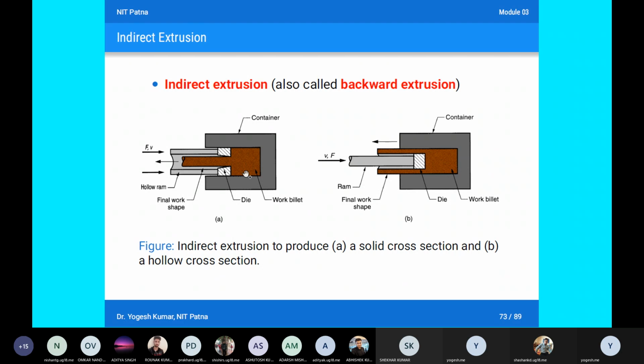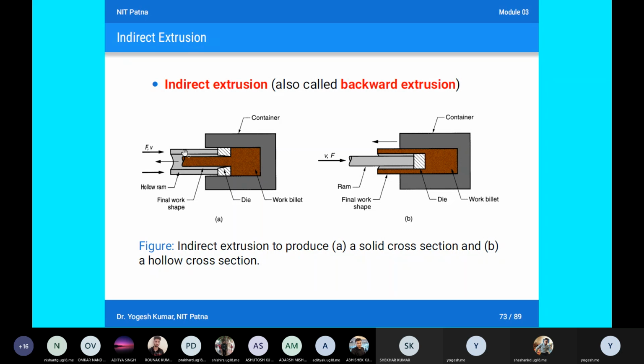Compressive stresses are generated in the work blade, and your material starts coming out of the die opening. Here you can see the direction of material flow is from right to left, and the direction of ram is from left to right. That is why it is called backward extrusion or indirect extrusion, because the direction of force applied is opposite to the direction of material flow here.